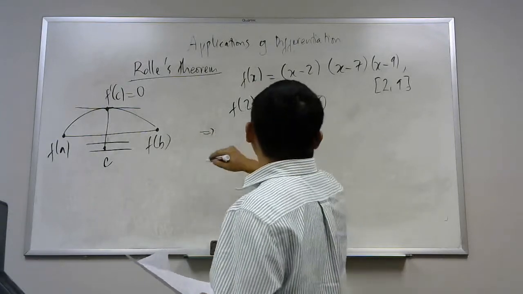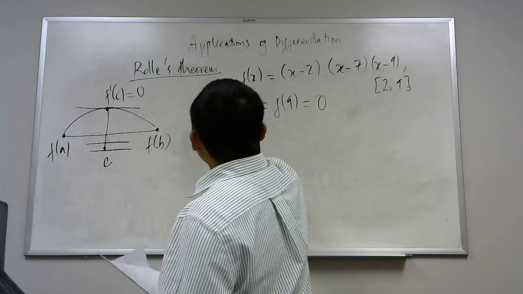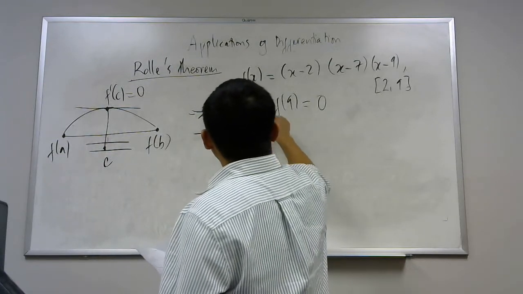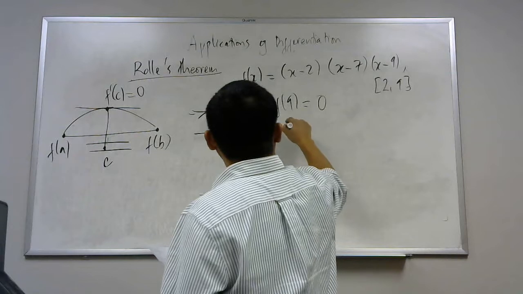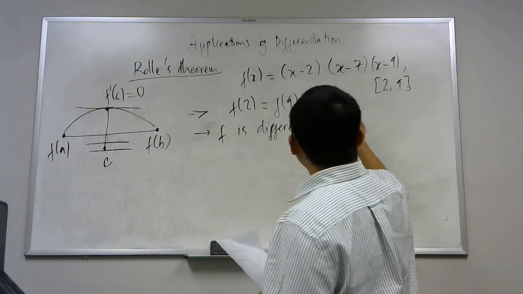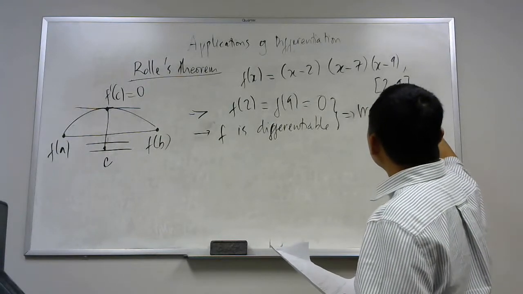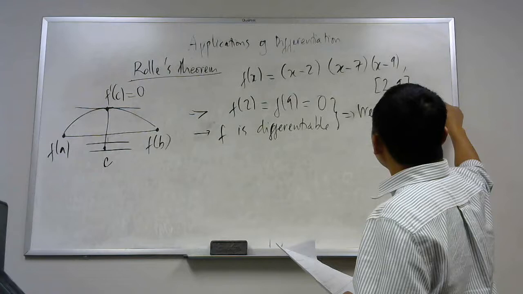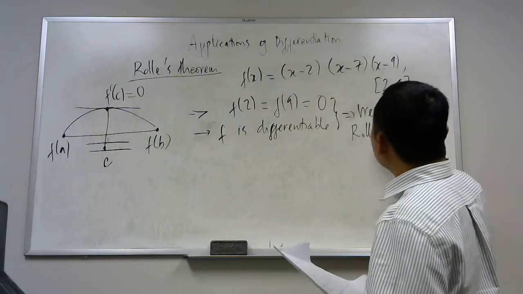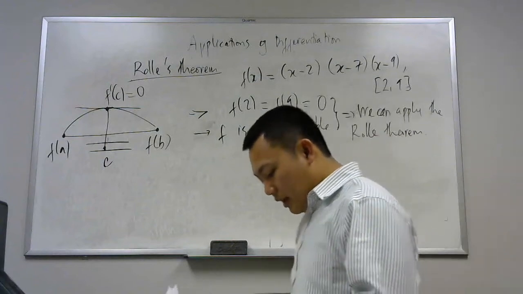So the answer is yes. This is the first condition. The second, f is differentiable. From here, we can say we can apply Rolle's theorem for this function. Okay, next.